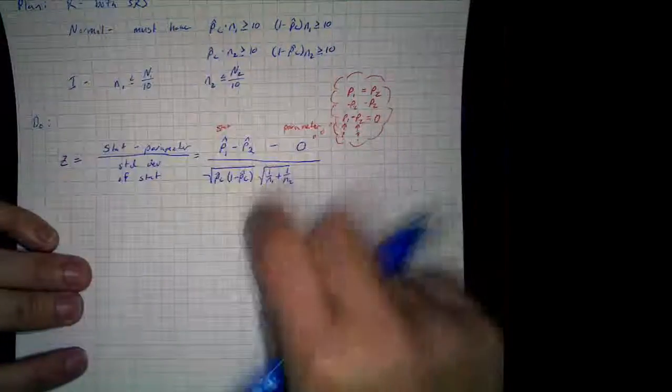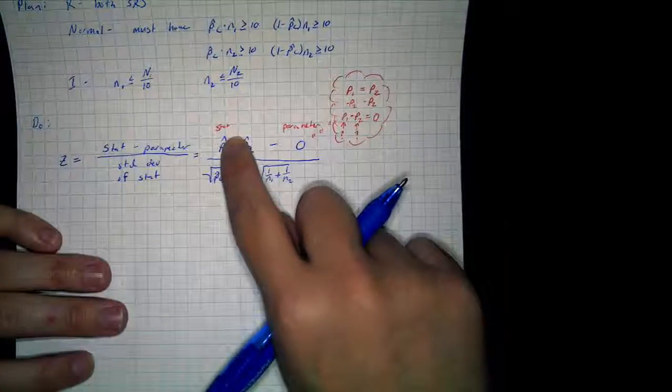The other way that you could write it is just to change your p hats into x over n's.